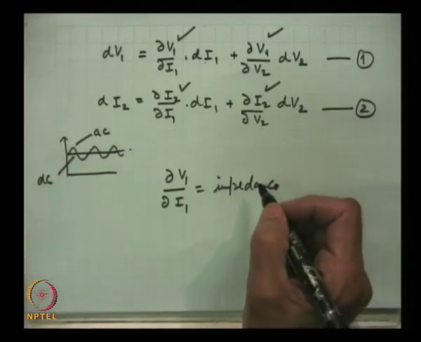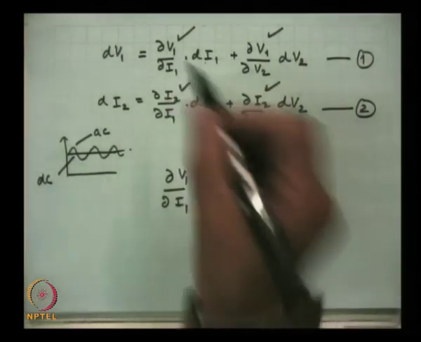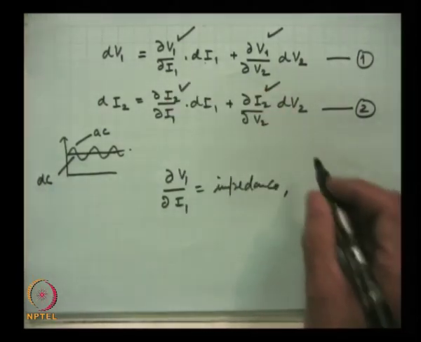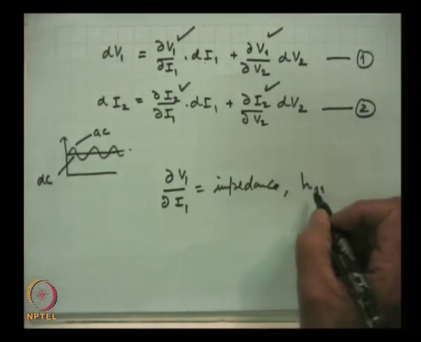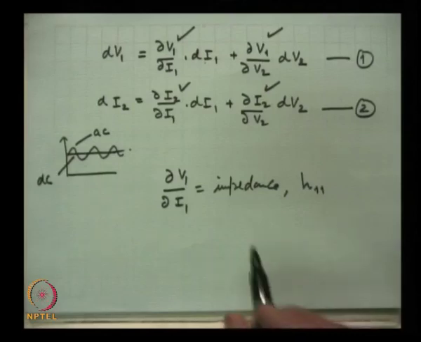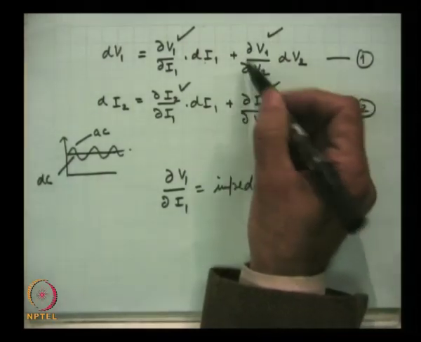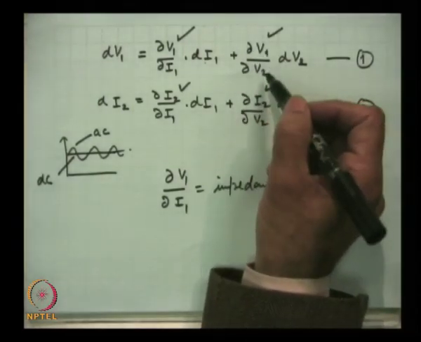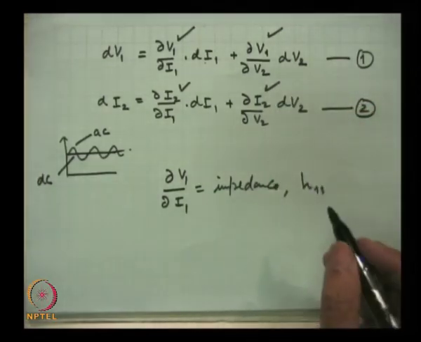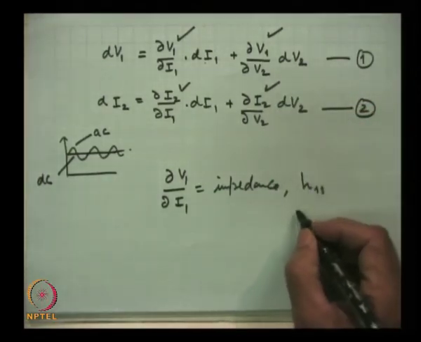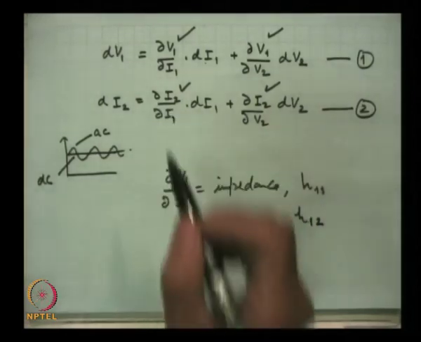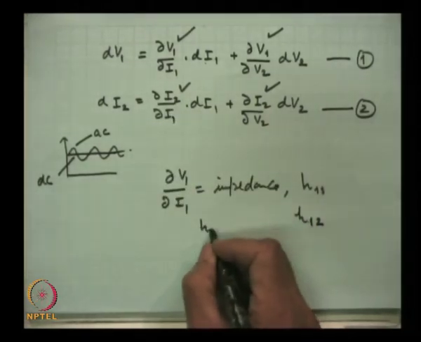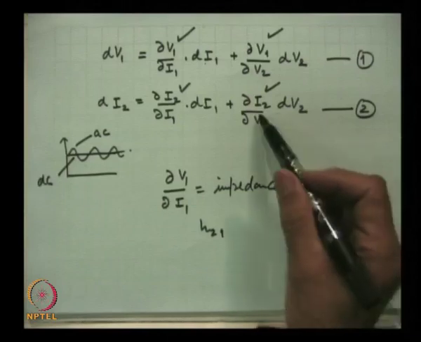And so this we replace for the time being with the H parameter H11, hybrid parameter 1. Similarly, this quantity is a voltage ratio, so it is represented by another H parameter, H12, and this one as H21 and this one as H22.